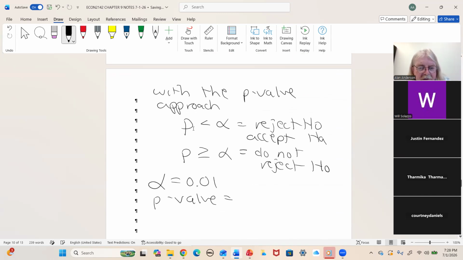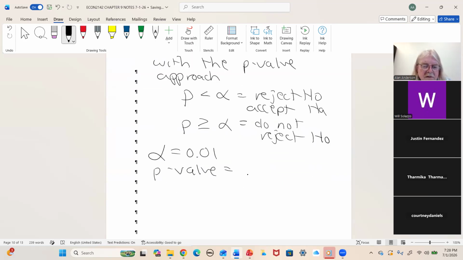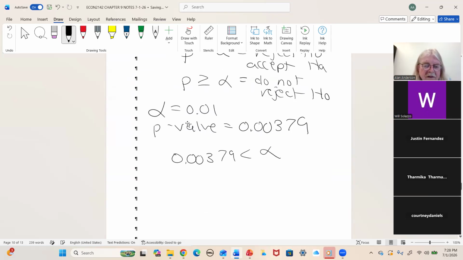Our p-value is 0.00379, and that means we're looking pretty good.